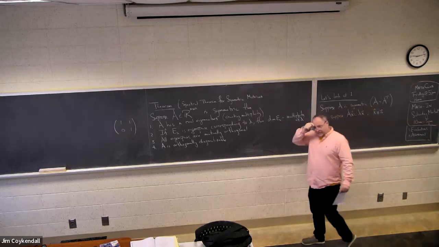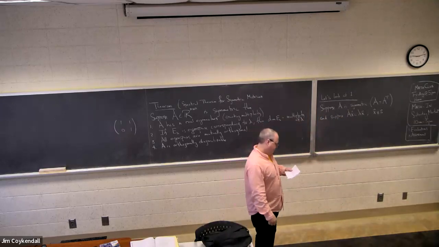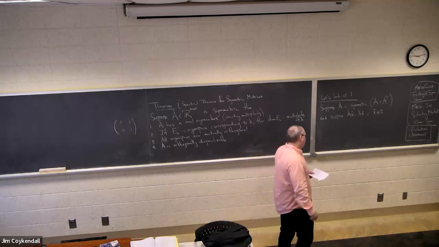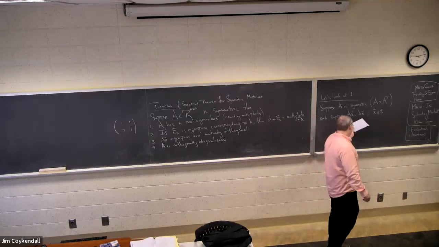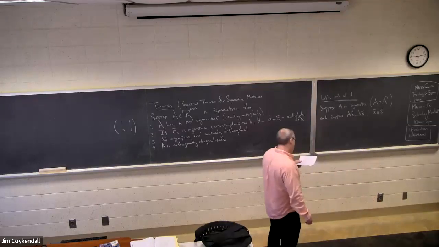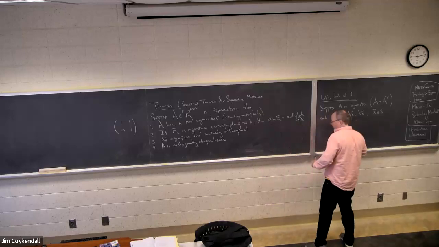And let's suppose that Ax and lambda x are the same thing, for x not zero. So in other words, x is an eigenvector corresponding to eigenvalue lambda. I want to show that lambda actually has to be a real number.